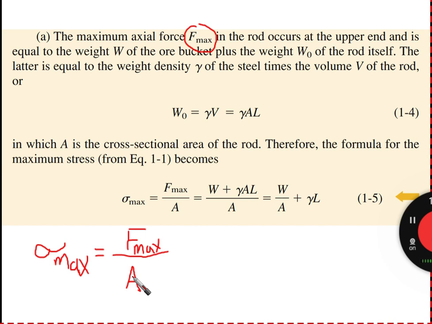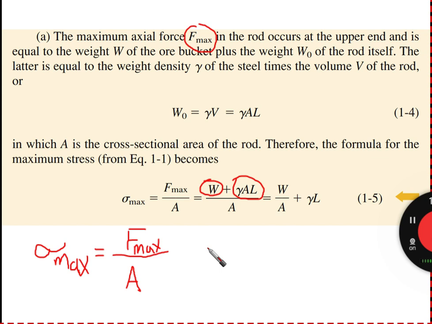There is nothing that is going to change. But F maximum is going to change based on two different items. The first is W, the weight of the bucket, and the second is W node, the weight of the rod itself. So we have two items here.